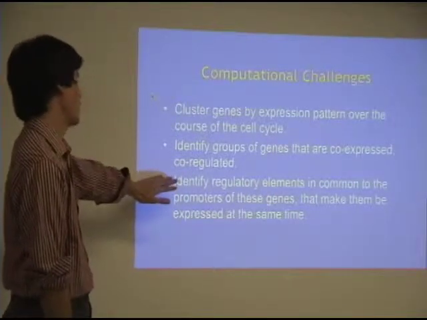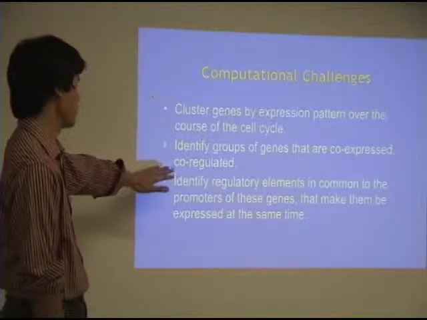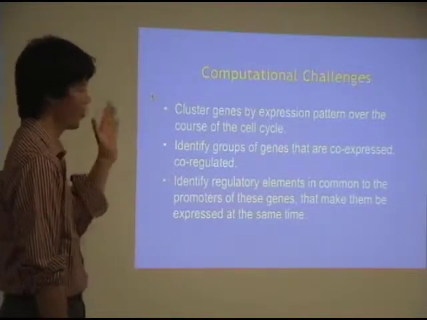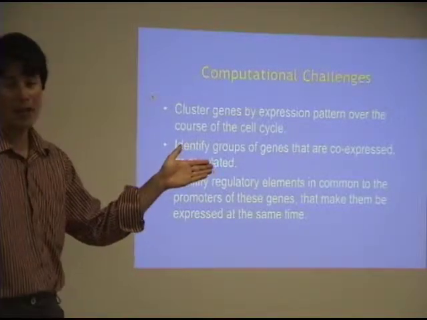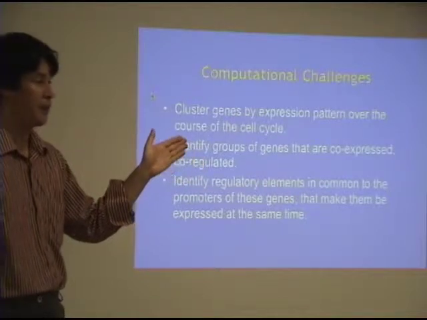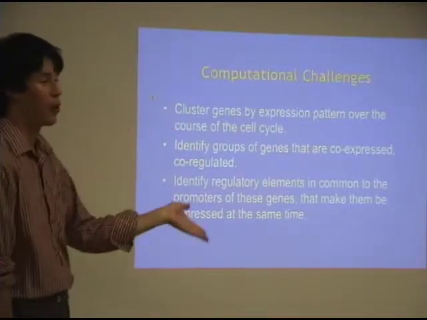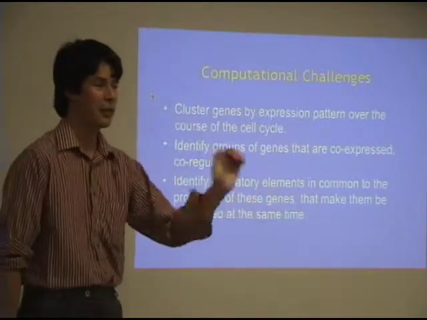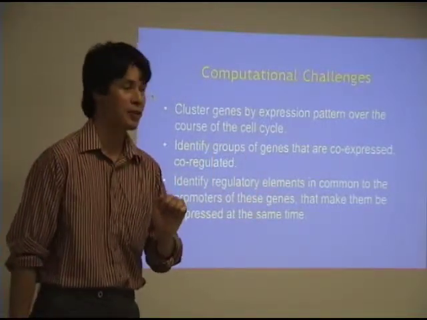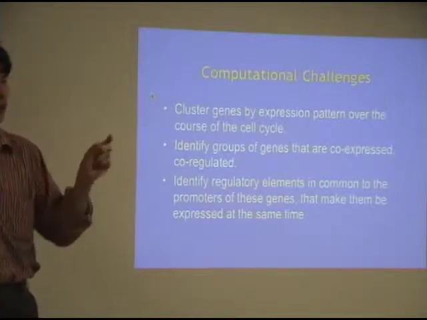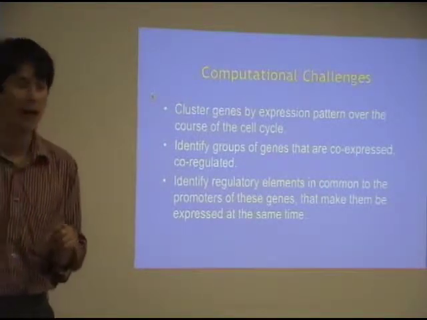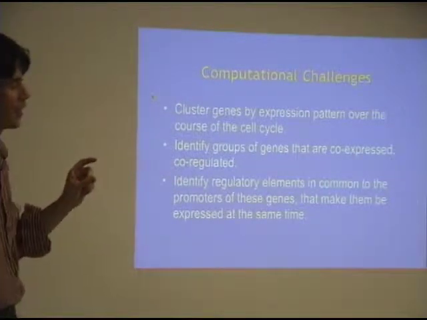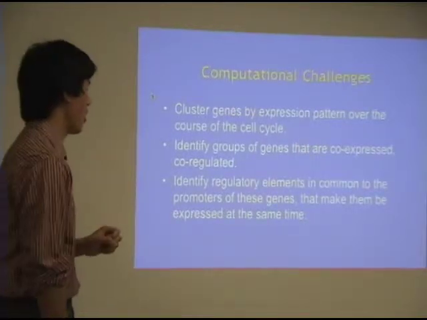And people have used bioinformatics analysis and genomics data, where they essentially synchronize a whole sample of yeast cells so that they will all cycle in synchrony with each other. You take a sample every 5 minutes. You take that sample, you extract the RNA that shows which genes are active.